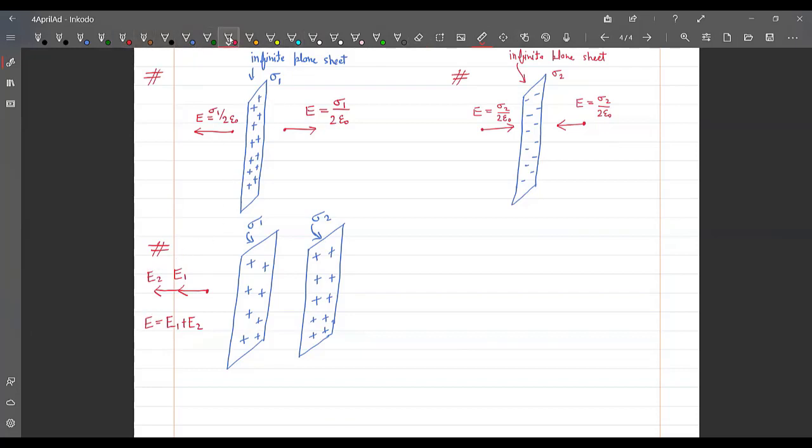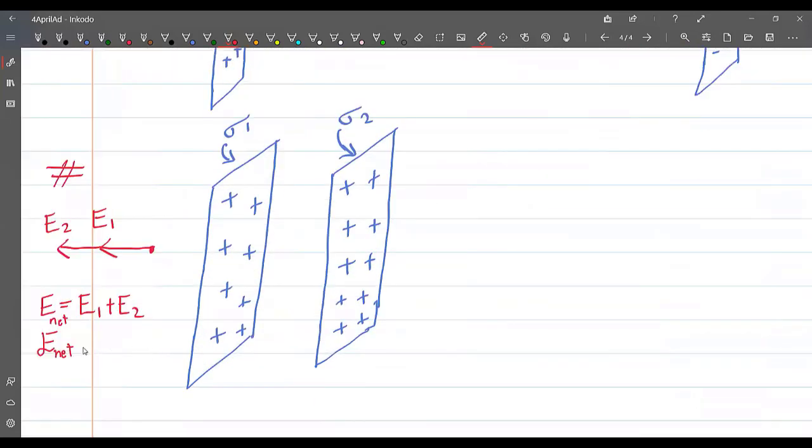Net electric field will be E1 plus E2. So this is E net, that is E1 plus E2. E1 will be given by sigma 1 by 2 epsilon naught. E2 is again due to this surface, sigma 2 by 2 epsilon naught. So net electric field comes out to be sigma 1 plus sigma 2 whole divided by 2 epsilon naught. That is the net electric field when the point is on the left side of both the plane sheets.